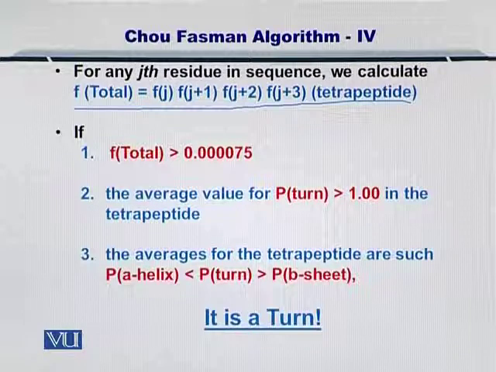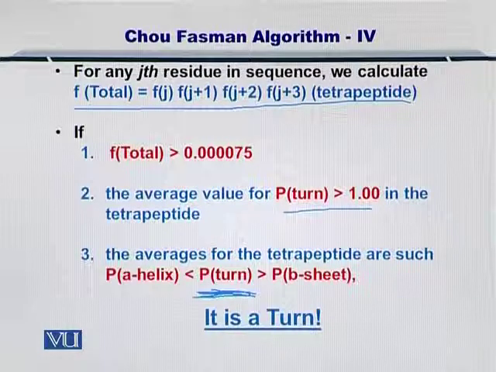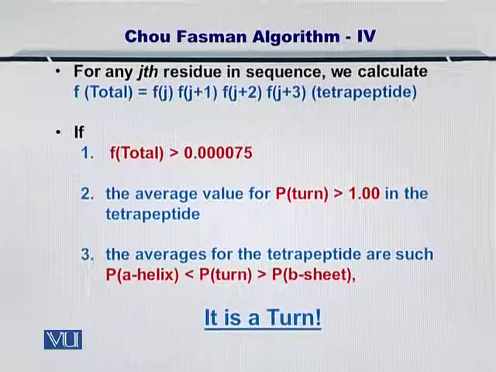Now if the value of F total is greater than 0.000075, as well as the propensity for the turn is over 1, and the propensity of this turn is also greater than beta sheet and alpha helix, then it is definitely a turn. So using this scheme, you can compute the propensities and the turns.